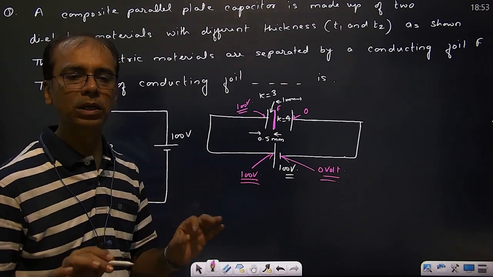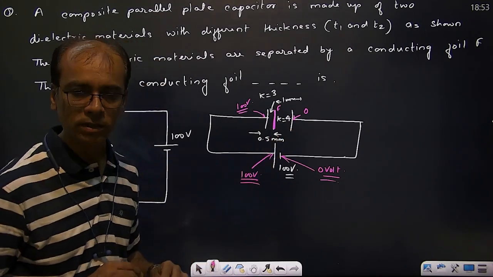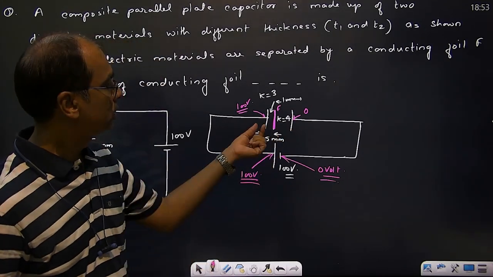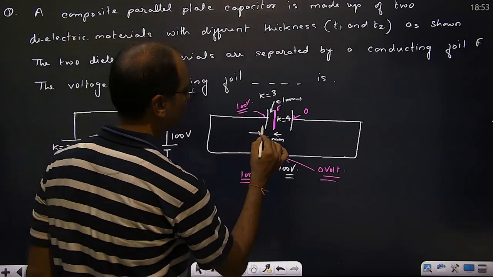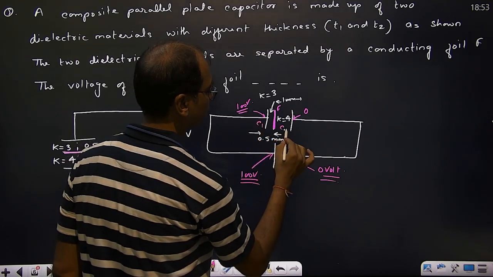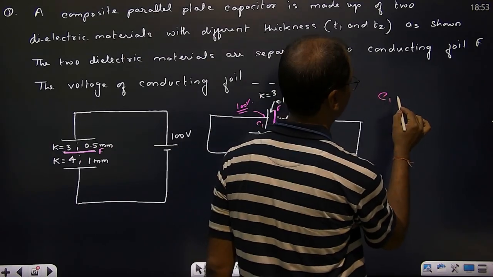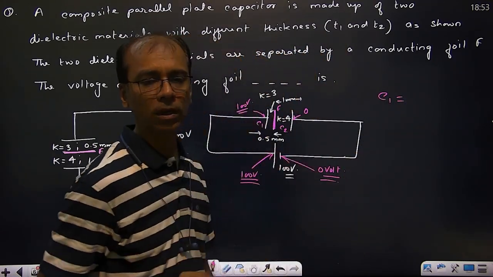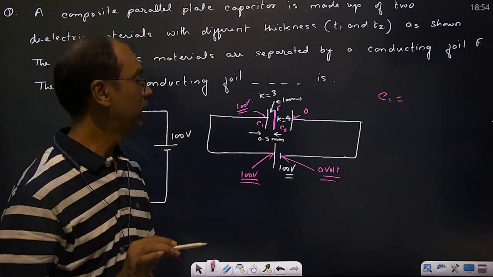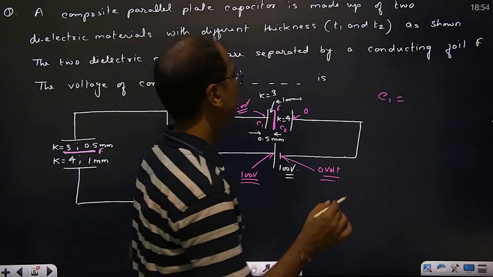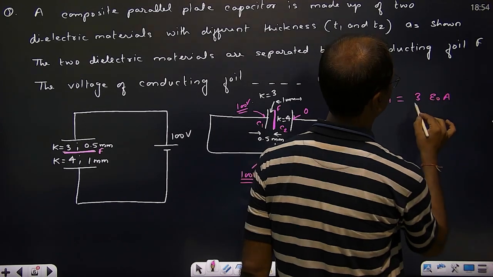Now, normally you solve. Two capacitors are there. Let's find out their capacitance first. So this is C1, this is C2. What is C1? C1 we will say, what is the formula? K epsilon naught A by D. What is K here? 3. So 3 epsilon naught A by D value.